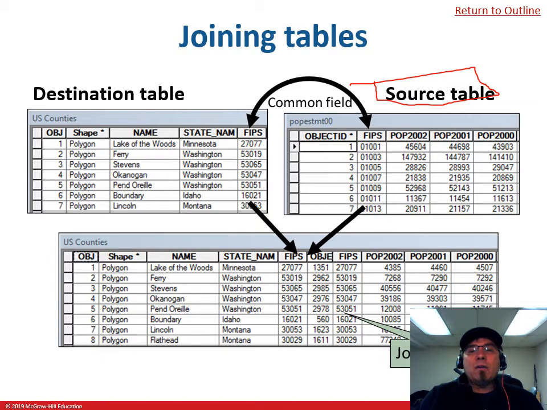Well, there's two methods of being able to do this. But you have to set up the problem first, so to speak. Now, if you look at this diagram, you'll see it says destination table on the left and source table on the right. The first thing we have to do is figure out how I can combine these two tables together.